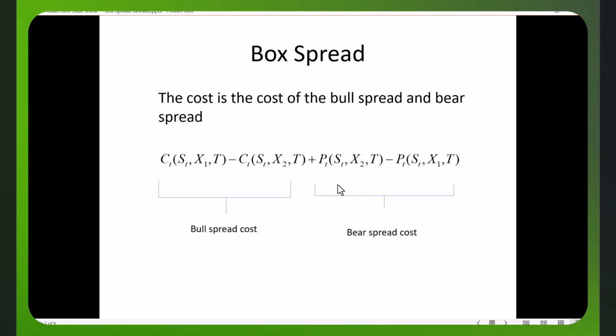So the cost of the bear spread is the cost of the put with the higher exercise price, or strike price, minus the put with the lower strike price. In this case, you're buying the put that has the higher strike price, and you're writing the put that has the lower strike price.